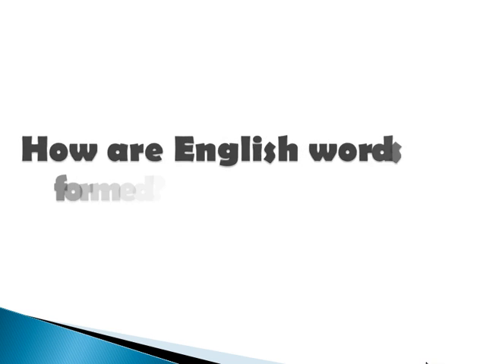So here we really start the new topic, and this is all about how English words are formed. How can we form new words? Well, did we have like 25 to 30 years ago the word rewritable in English?